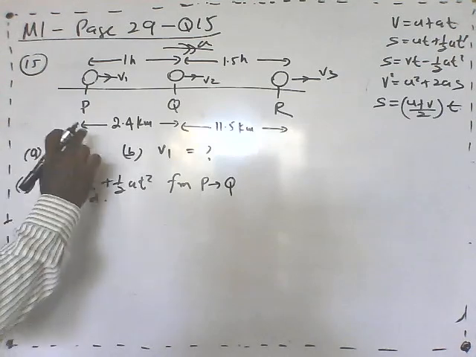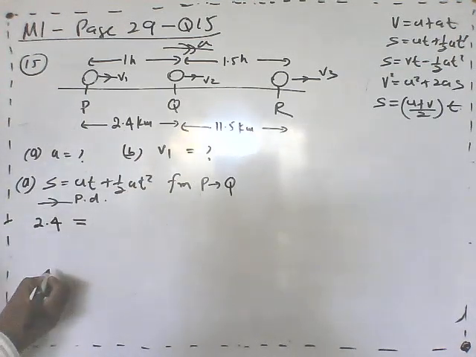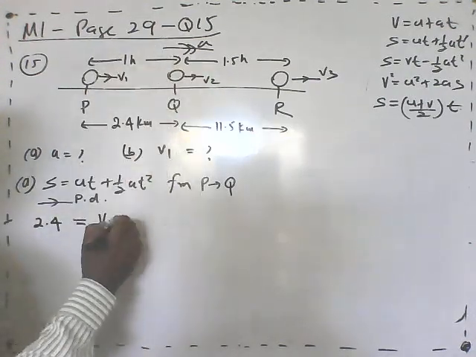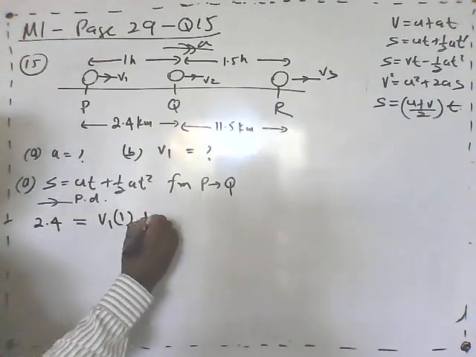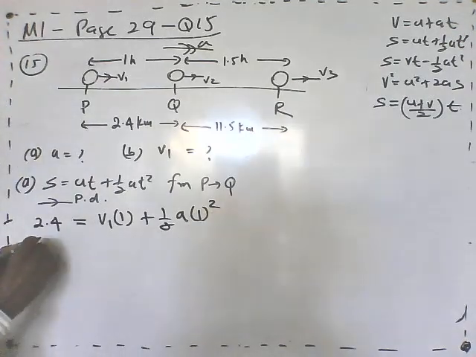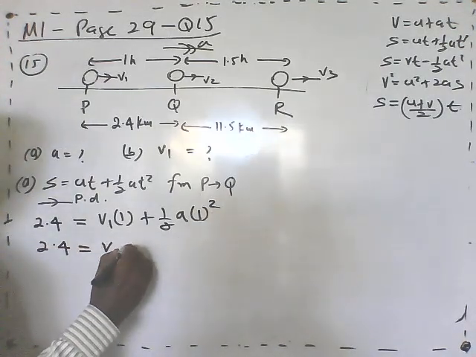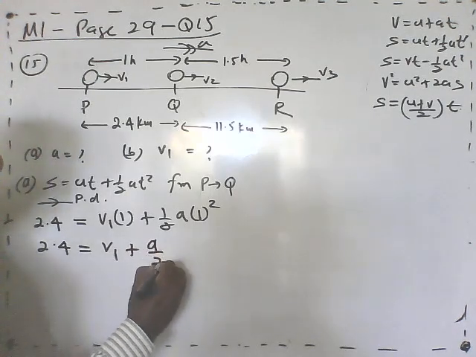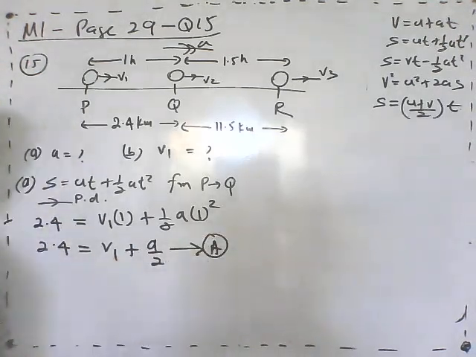So what would be the displacement? 2.4 equals initial velocity V1 and the time will be 1 hour. So S equal ut plus half A into 1 square. So finally we will get 2.4 is equal to V1 plus A over 2. We'll label this as capital A.